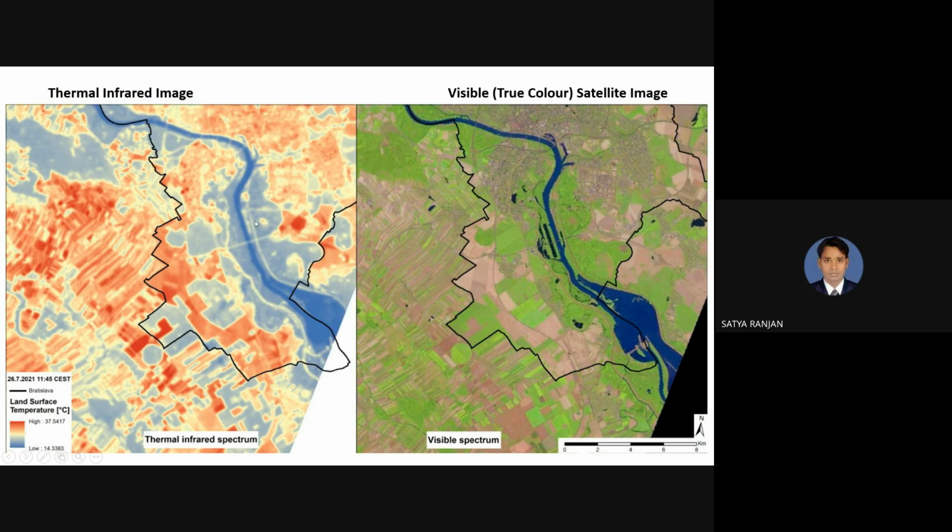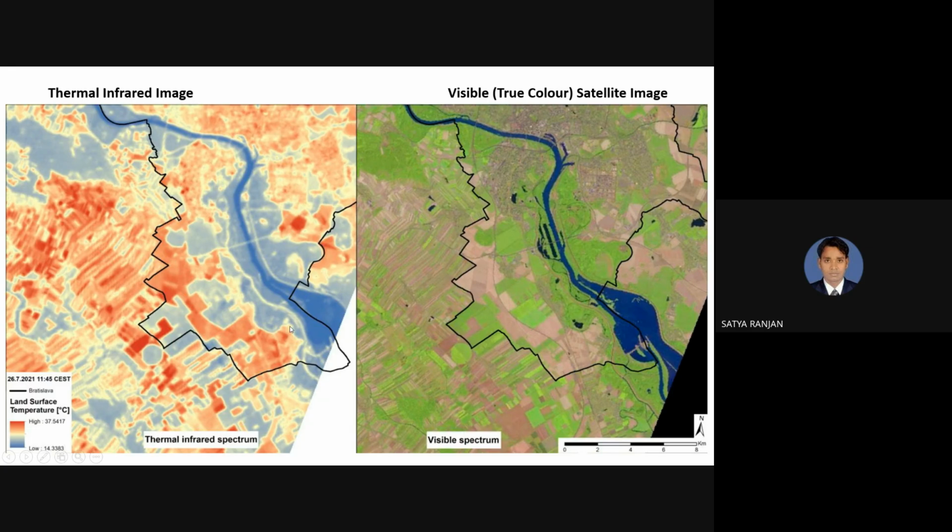That's why the river area shows low temperature, and dry land areas and settlement areas show high temperature. Generally, temperature increases in settlement areas, concrete areas, and dry soil areas, and low temperature is there in moist soil and some wetlands.